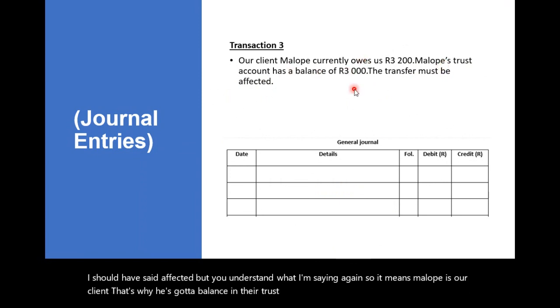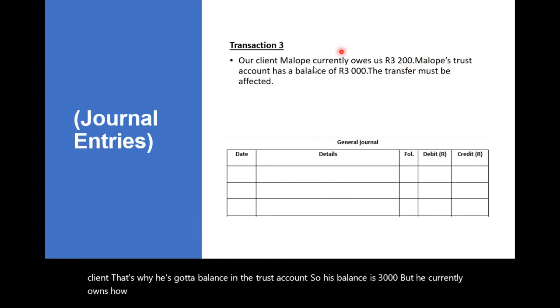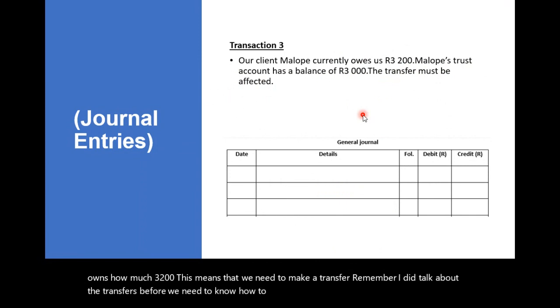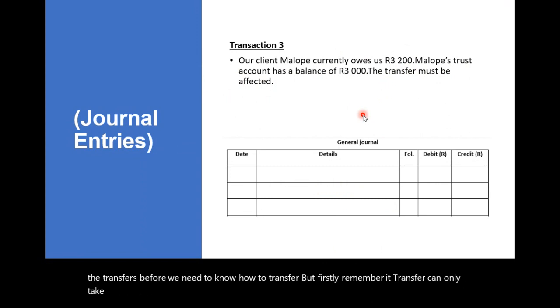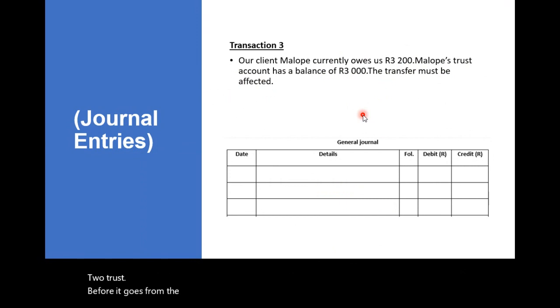So his balance is 3,000, but he currently owes how much? 3,200. This means that we need to make a transfer. Remember, I did talk about the transfers before. You need to know how to transfer. But firstly, remember, a transfer can only take place from business to trust before it goes from the trust bank account to business bank account.